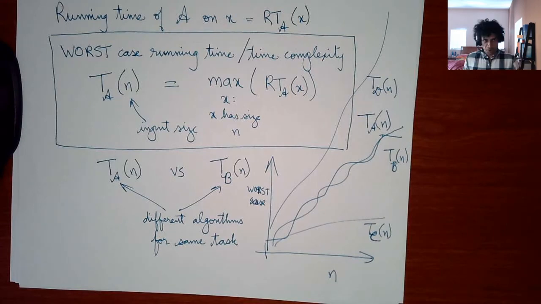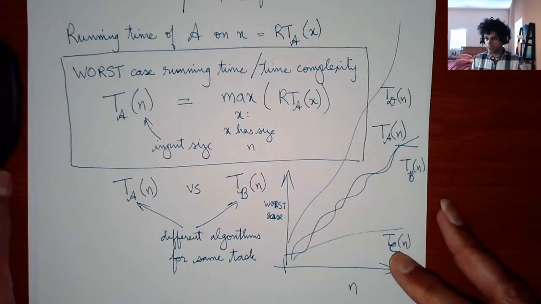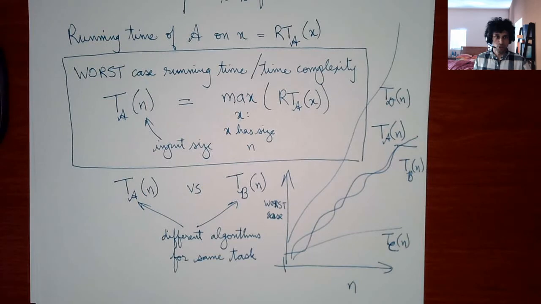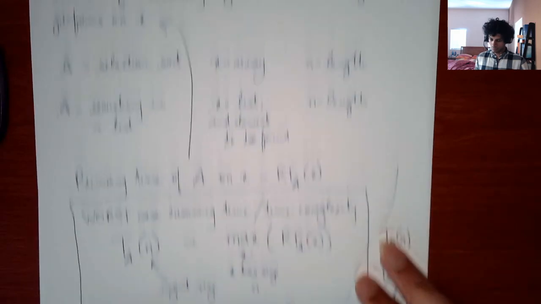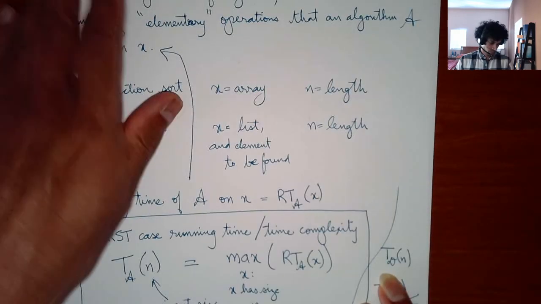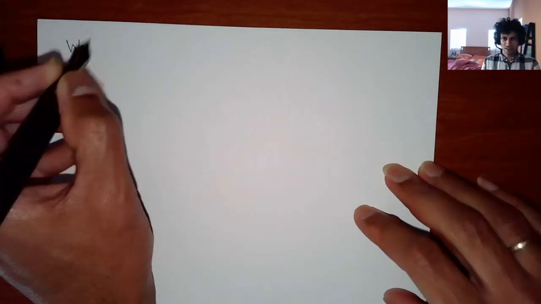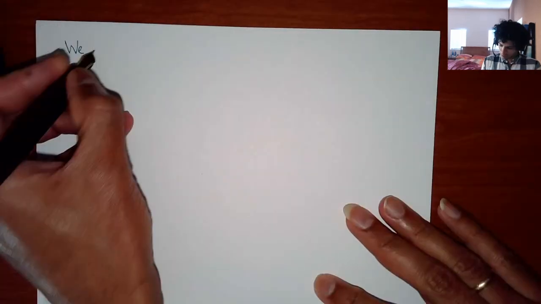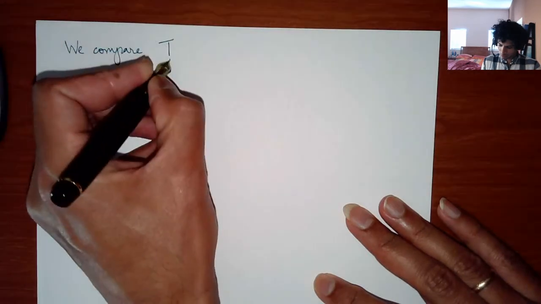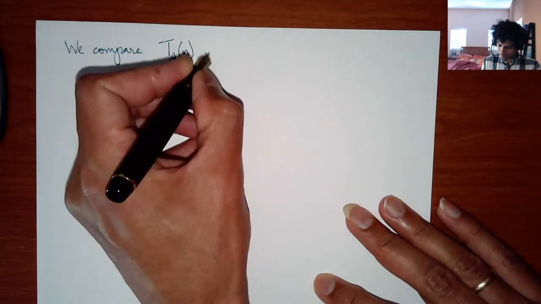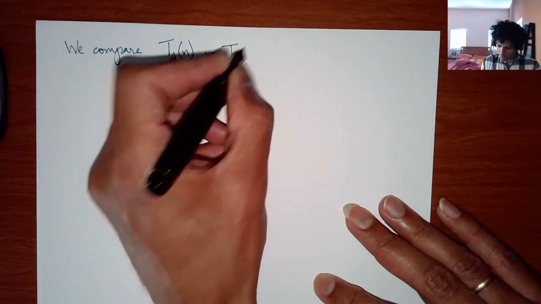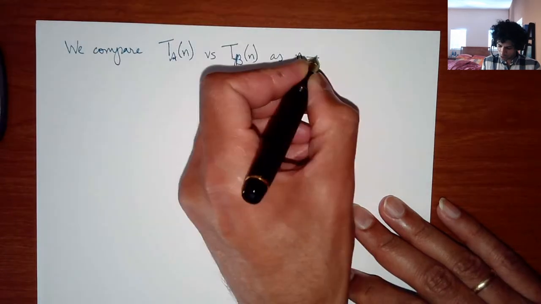The way this problem is resolved mathematically in computer science is to look at what's called limiting or asymptotic behavior. I'm going to write this out in three different ways, then I'm going to write the math down. Instead of comparing the functions themselves, we compare T_A of n versus T_B of n as n goes to infinity.